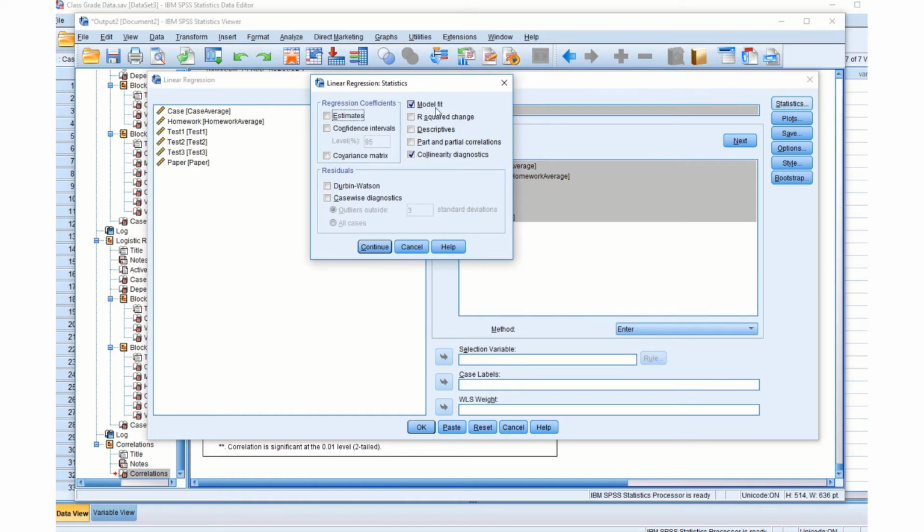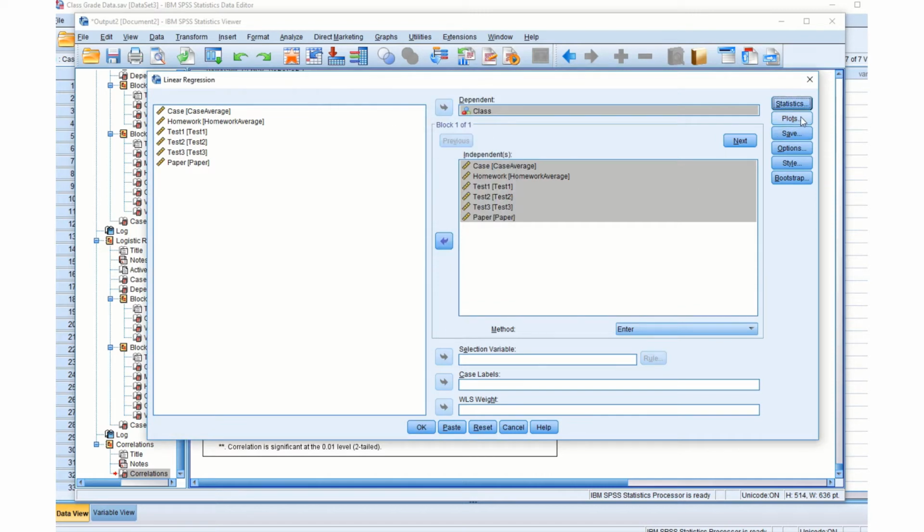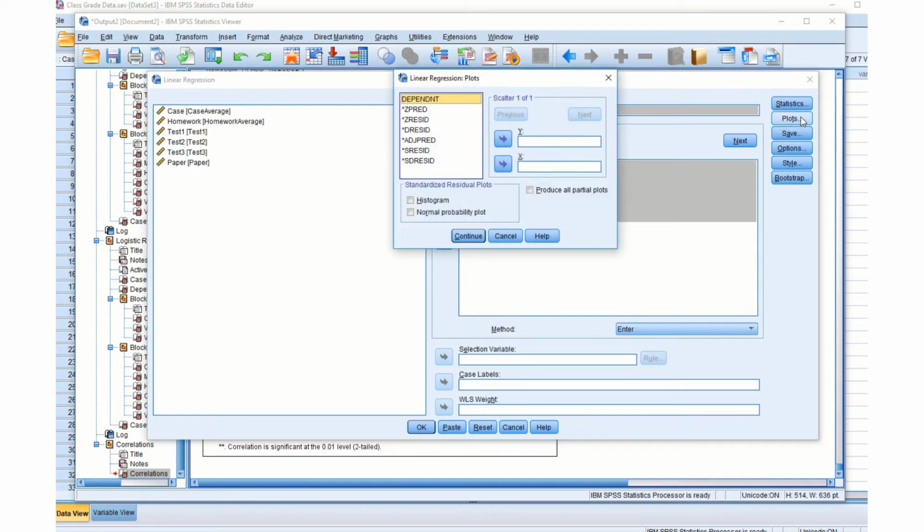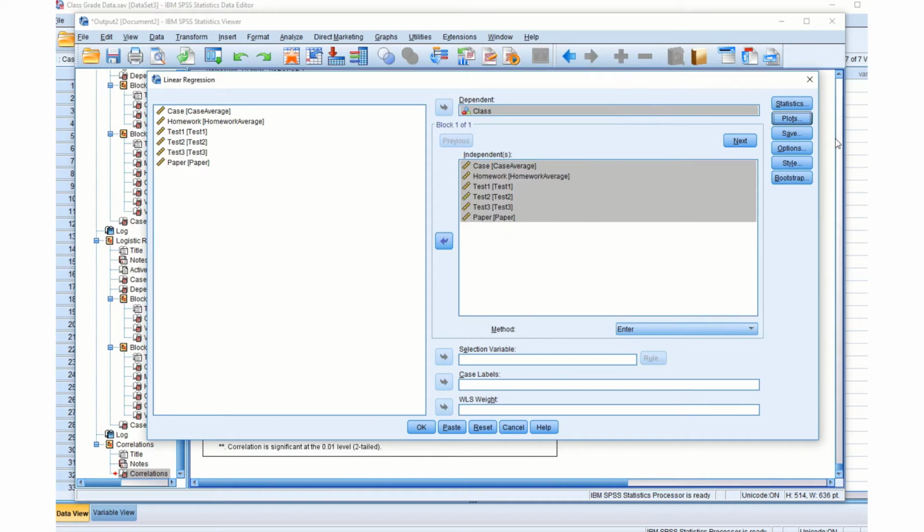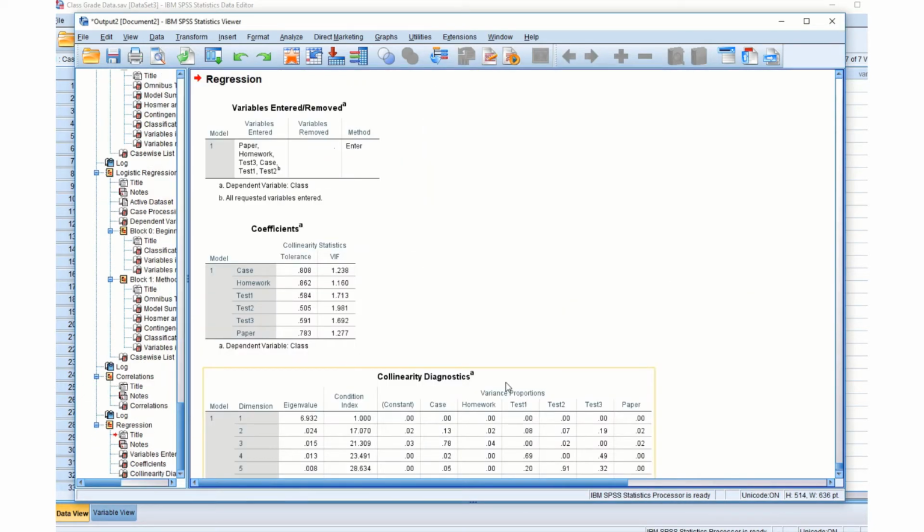And we really don't want a model estimate, and we really don't care how it fits, because that's not the purpose of running this regression. The purpose is to look at the collinearity that's going on there. We could look at the plots and some things like that, but really let's just do this one little thing.